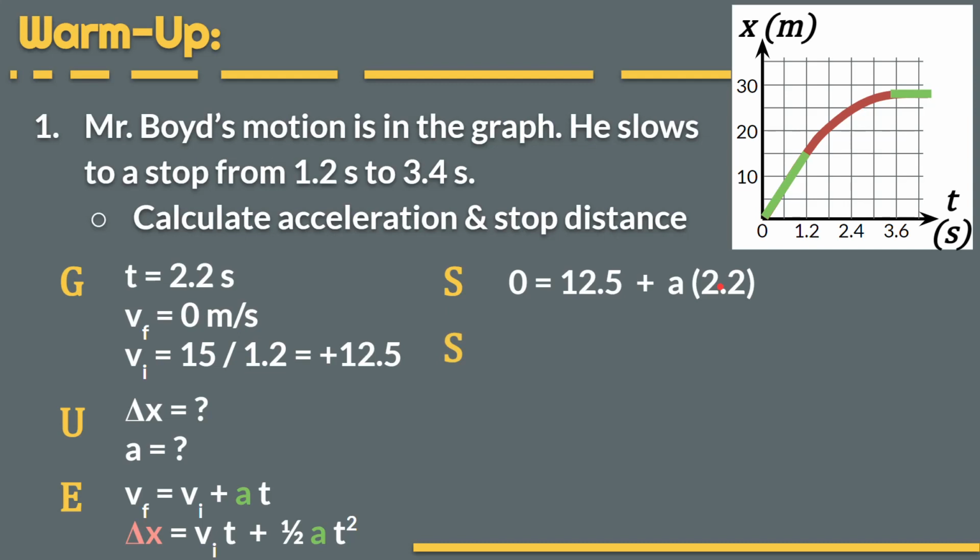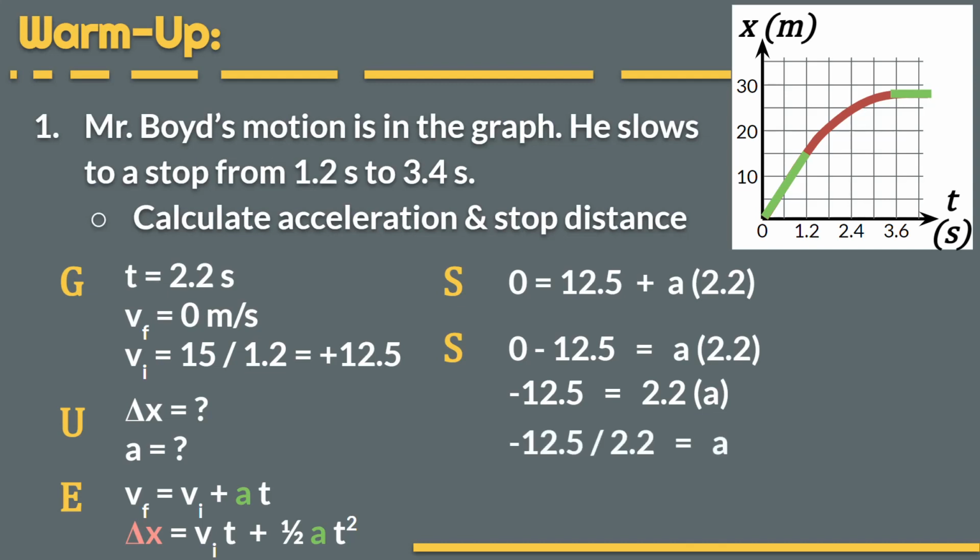When we start to manipulate these variables, we're going to subtract 12.5 from both sides. That becomes 0 minus 12.5 equals A times 2.2, which is this: negative 12.5 equals 2.2a. And then we're going to divide both sides by 2.2 in order to isolate our variable.